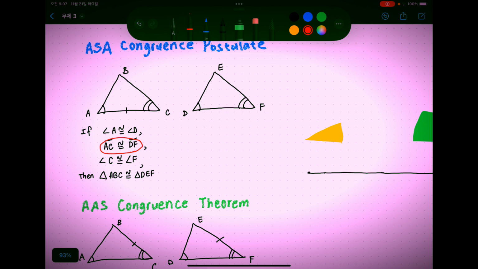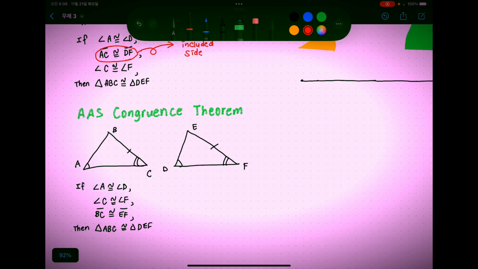Now, as much as I love using that word to describe ASA, it's not exactly the most sophisticated way of saying it. So we have to remember that when we're dealing with ASA, the side that's in between the two angles is called the included side. AAS is actually quite similar, but this time instead of looking at a postulate, we're looking at a theorem.